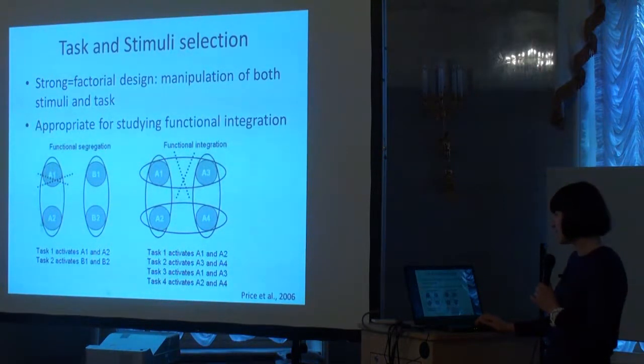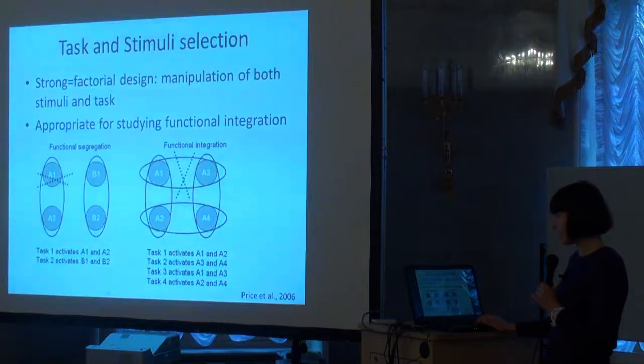So this is a task in which two parts of the brain, say A1 and A2, participate, and this is task 2, where two different parts of the brain are involved, B1 and B2. And when this part of the brain is damaged, then a patient cannot perform the whole task, as healthy people do.